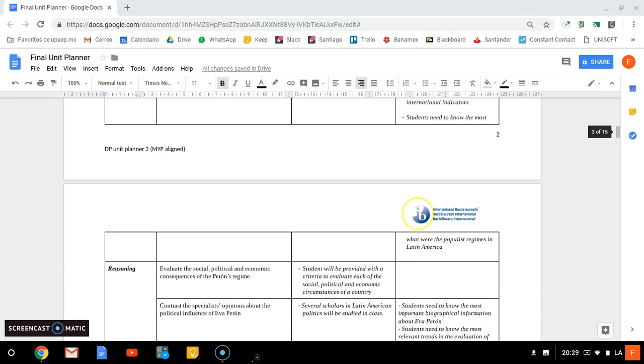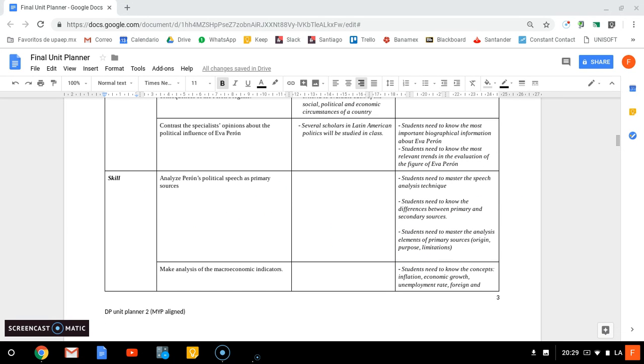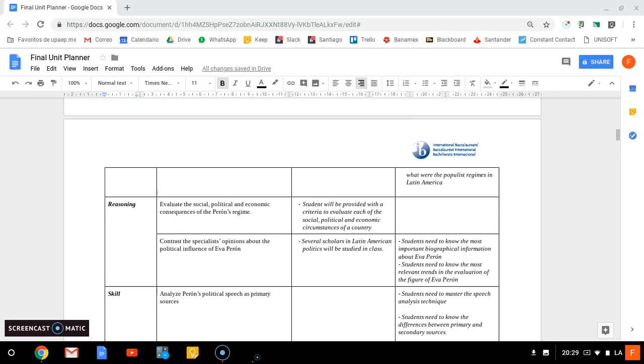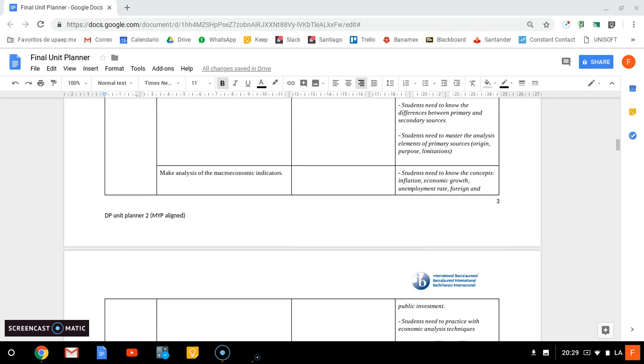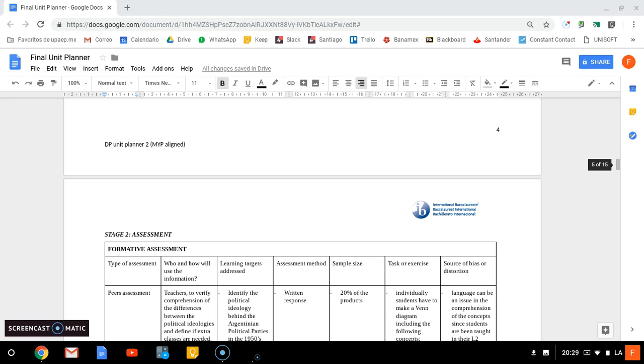Okay, this is a very important target. So you will find, for example, right here, this skill learning target is divided into 3 different elements once it was deconstructed. And in relation with this target, it is the assessment process.